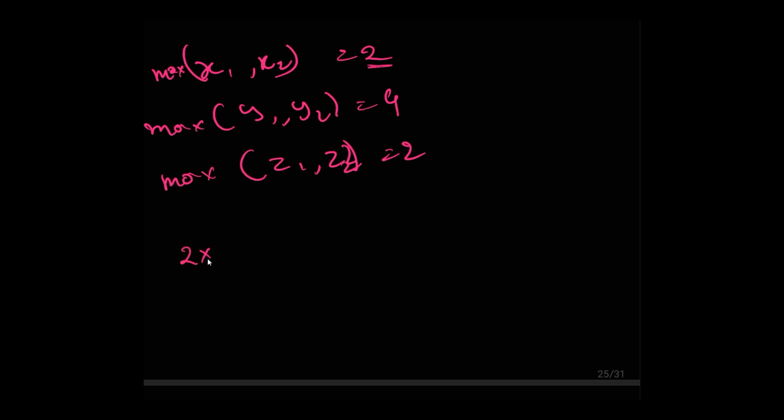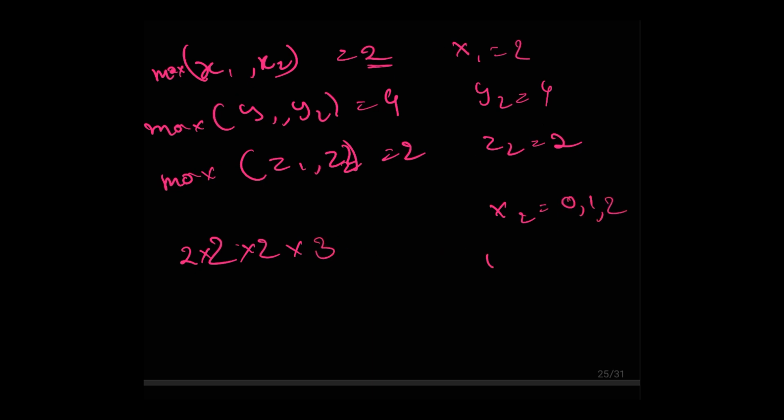Into y1, the maximum of y1 and y2 will be 4, which is 2 ways, and again for z1 it is 2 ways. Then if one of them is, let us say, x1 equals 2, y2 equals 4 and z2 equals 2, then x2 can be 0, 1, 2, which is 3 ways. y1 will be 0, 1, 2, 3, 4.